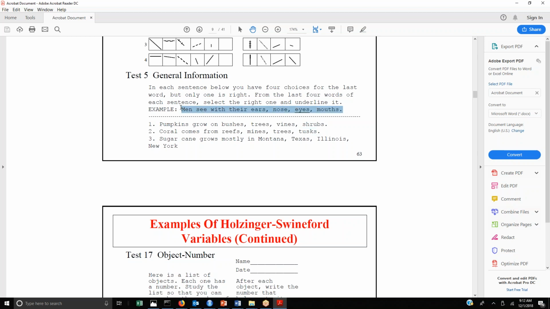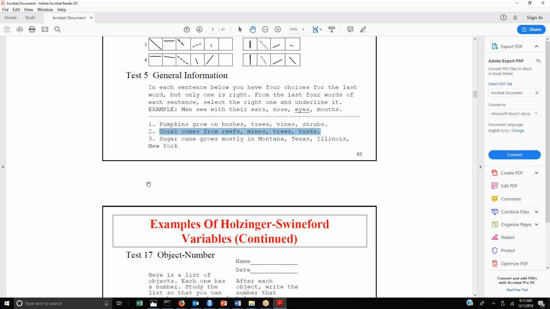This is the example. I think pumpkins grow on bushes, trees, vines, and shrubs. I didn't explain it correctly, I'm sorry about that. One means pumpkins grow on bushes, trees, vines, and shrubs, which is the right word out of these 4? Vines. It's vines. Coral comes from reefs, mines, trees, and tusks.